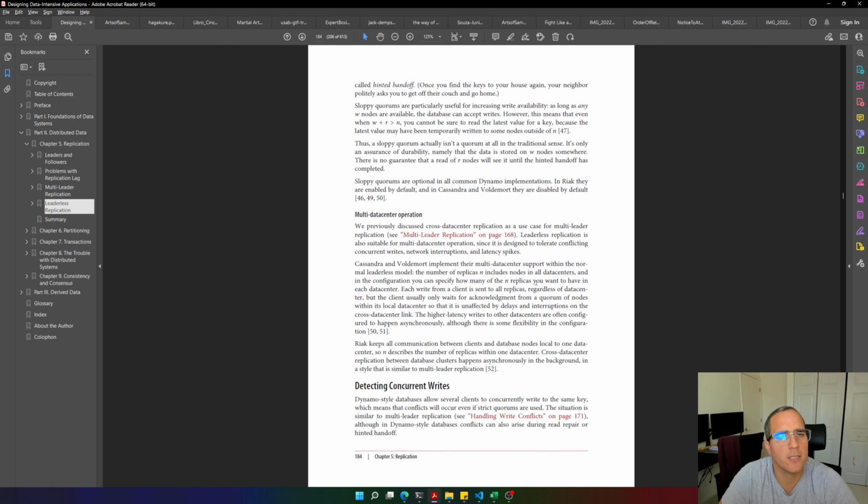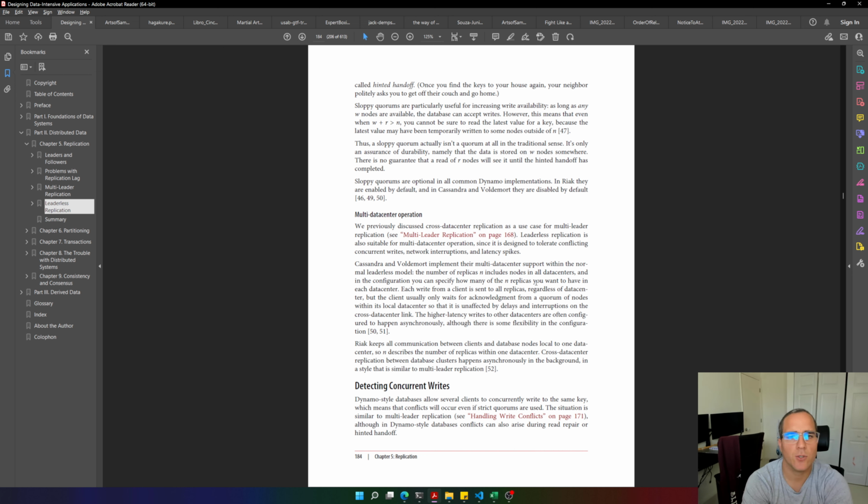Sloppy quorums are particularly useful for increasing write availability: as long as any w nodes are available, the database can accept writes. However, this means that even when w + r > n, you cannot be sure to read the latest value for a key, because the latest value may have been temporarily written to some nodes outside of n. Thus, a sloppy quorum actually is not a quorum at all in the traditional sense.